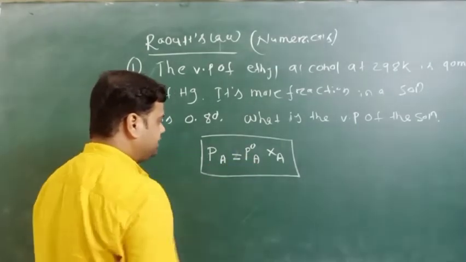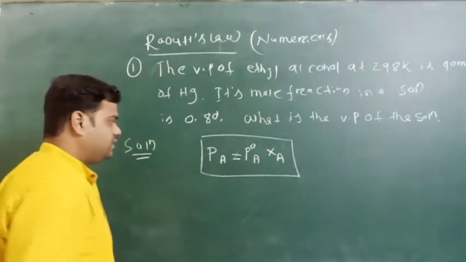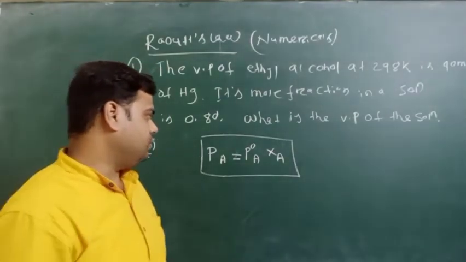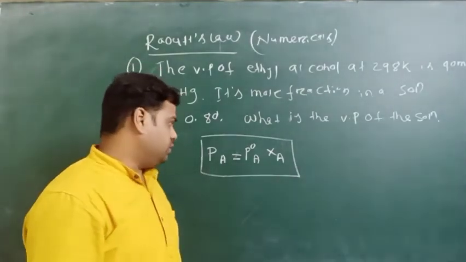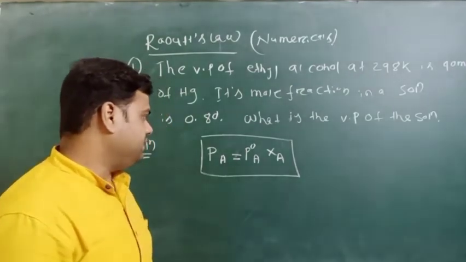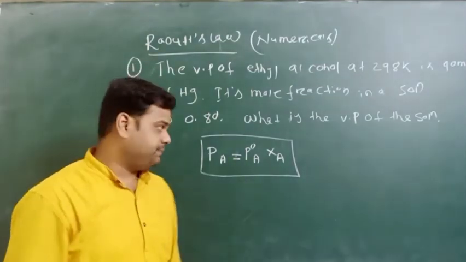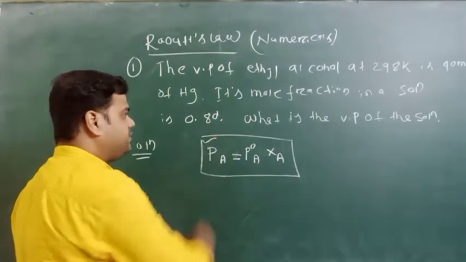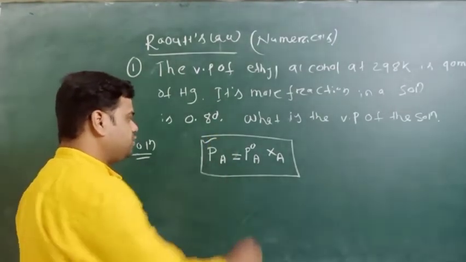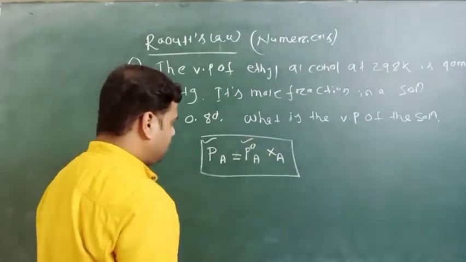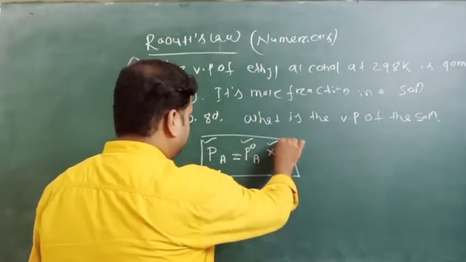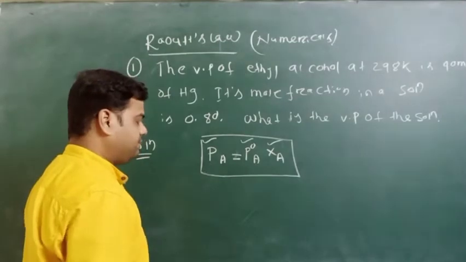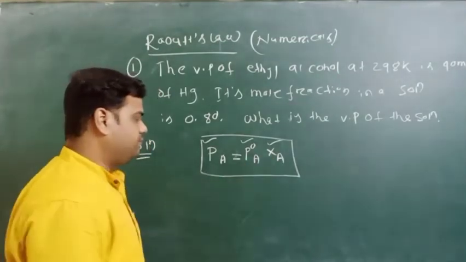If it is not an ideal solution, then Pa is not equal to P0A XA. Though, since it is an ideal solution, we write Pa equal to P0A XA. So we have to calculate the Pa. Pa means vapor pressure of the solution, P0A equal to vapor pressure of the component, and XA equal to the mole fraction of the component.